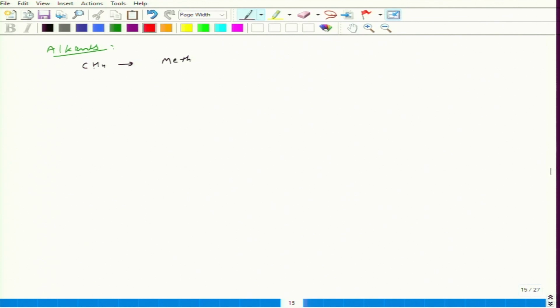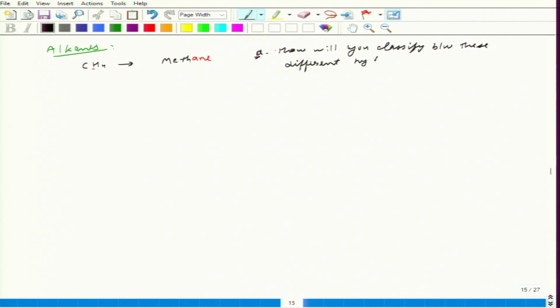Now, what is an alkane? It is ANE. There is also one question: how will you classify between these different hydrocarbons?